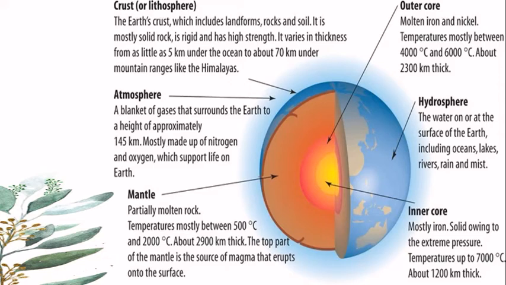It varies in thickness from as little as 5 km under the ocean to about 70 km under mountain ranges like the Himalayas. Then this portion is the atmosphere, the blanket of gases that surrounds the earth to a height of approximately 145 km, mostly made up of nitrogen and oxygen, which support life on earth.